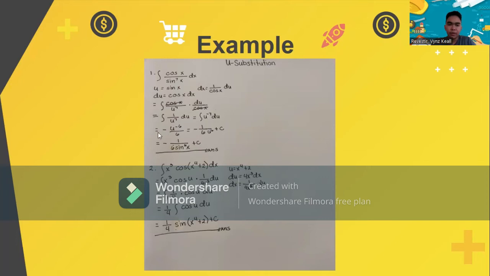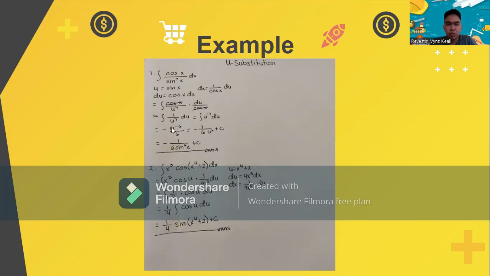Then integrate. Equals the negative of u raised to negative 6, because u plus negative 7, and we're going to integrate it. So we are just going to add 1 and copy it to the denominator.